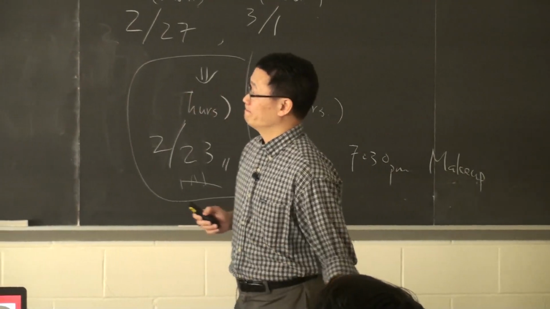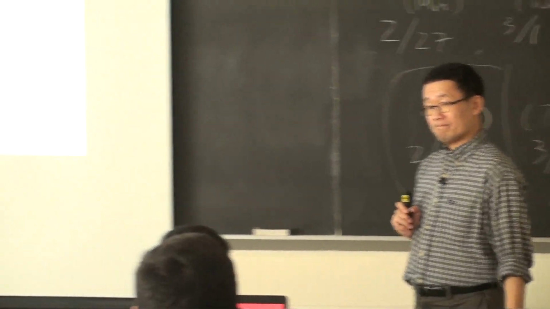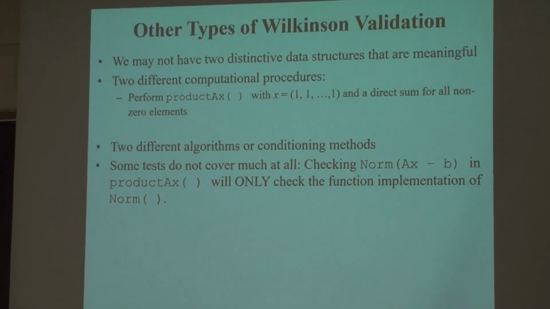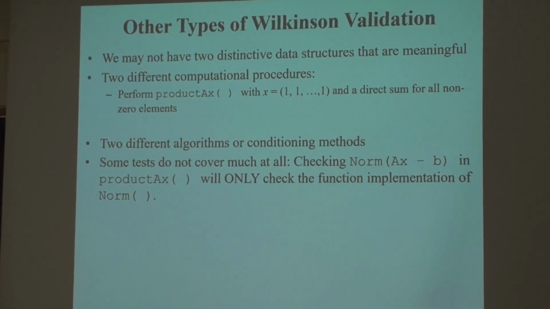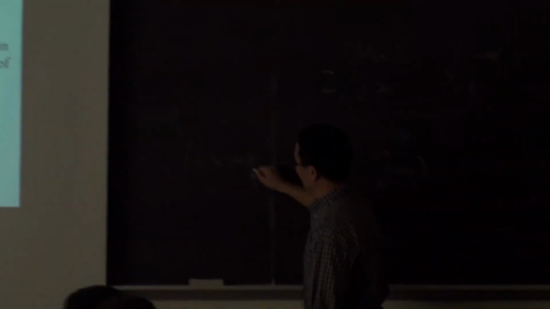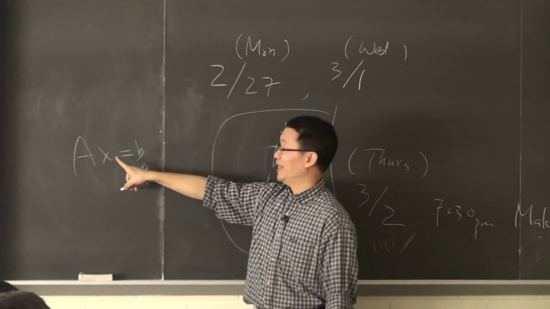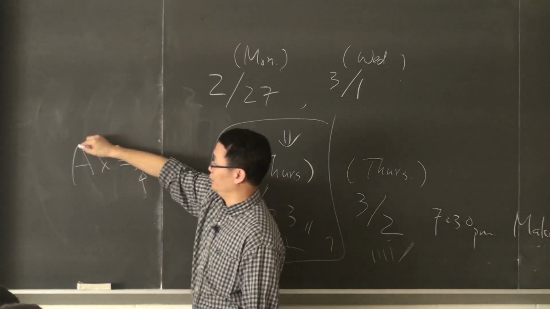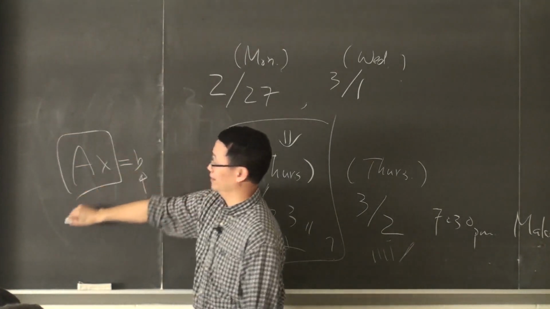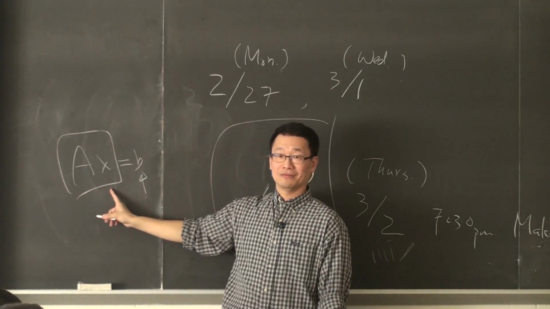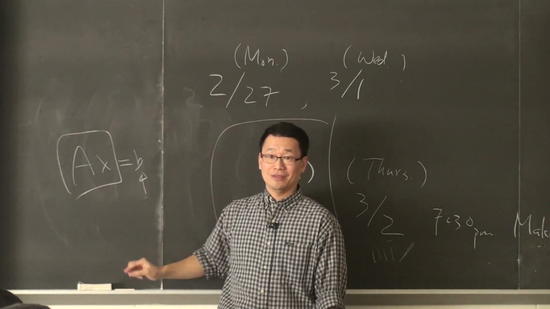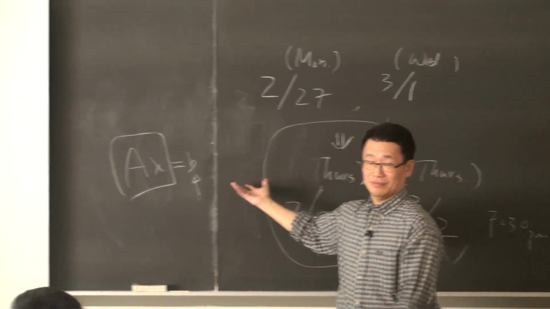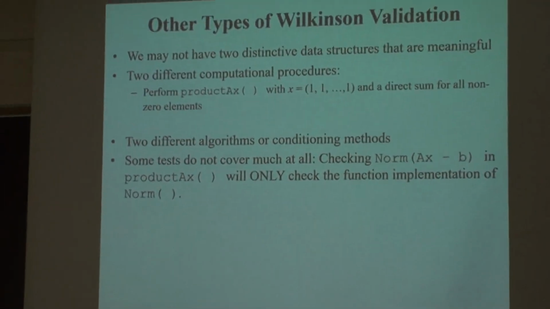Yes. So aren't we checking Ax equal to b because they are double? No. If you implement a solution of Ax given b to get x, then Ax minus b is a very meaningful check. But if you try to use it to check this routine, it's meaningless, because it's the same vector, unless you have another way to get b.